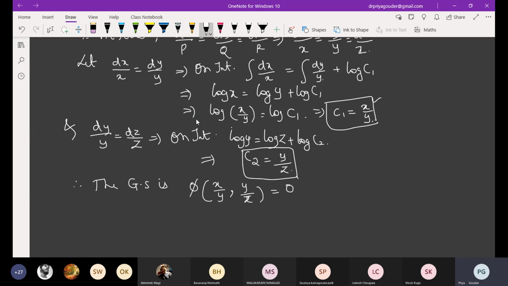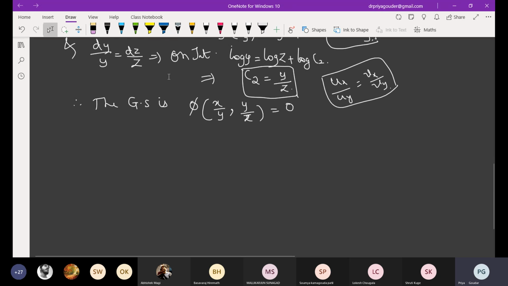This is a reverse process. There the function was given, we applied the procedure and got the PDE. Here the PDE is being solved. So Lagrange's equation will give you a PDE of the form we solved as a particular case. Do you remember this? Ux by Uy is equal to Vx by Vy.